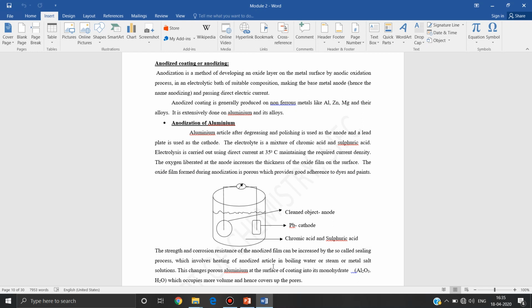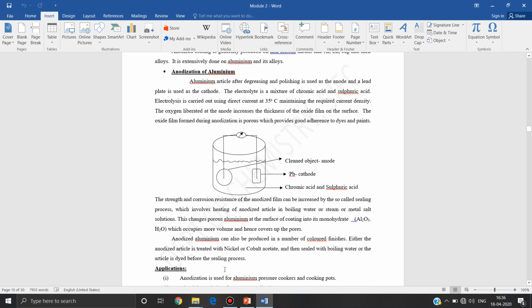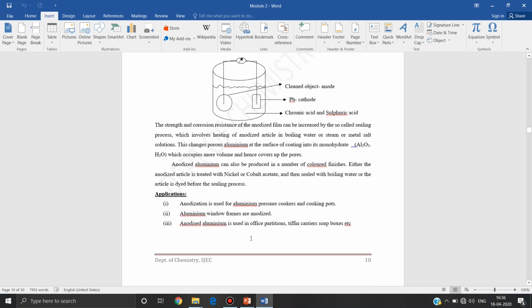So we have to reduce the pores, or this porous alumina will be converted into non-porous alumina by treating it with boiling water or steam or even metal salt solutions. When we treat it with boiling water or steam or metal salt solution, this porous alumina will be converted into non-porous alumina, which is nothing but monohydrate alumina, which occupies more volume and hence covers up the pores. And applications we have already discussed.